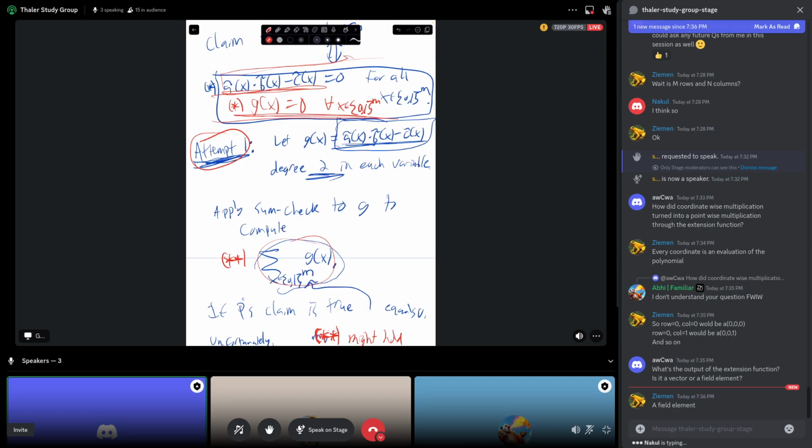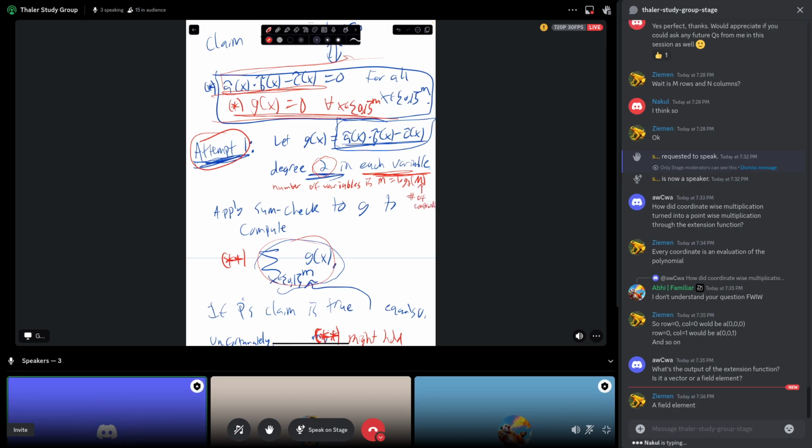Yeah, great. So this g of x has degree at most 2 in each variable, but the number of variables is m, little m, which is log base 2 of big M, which is the number of R1CS constraints.